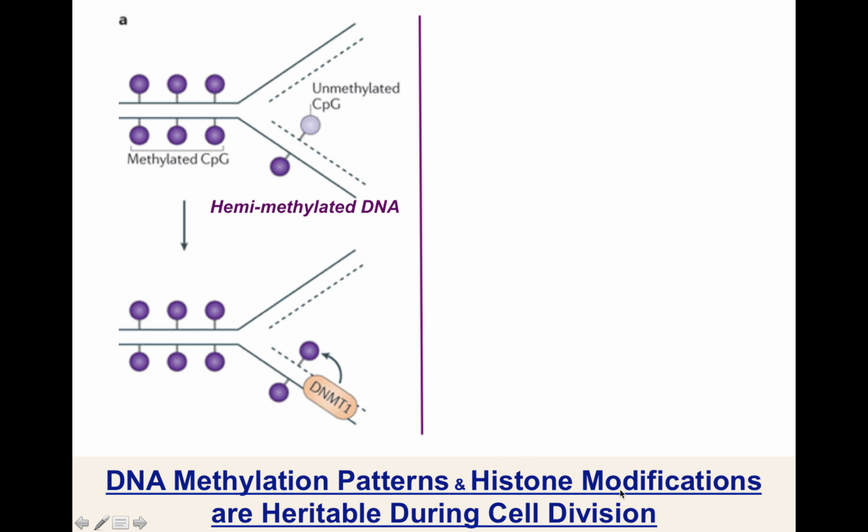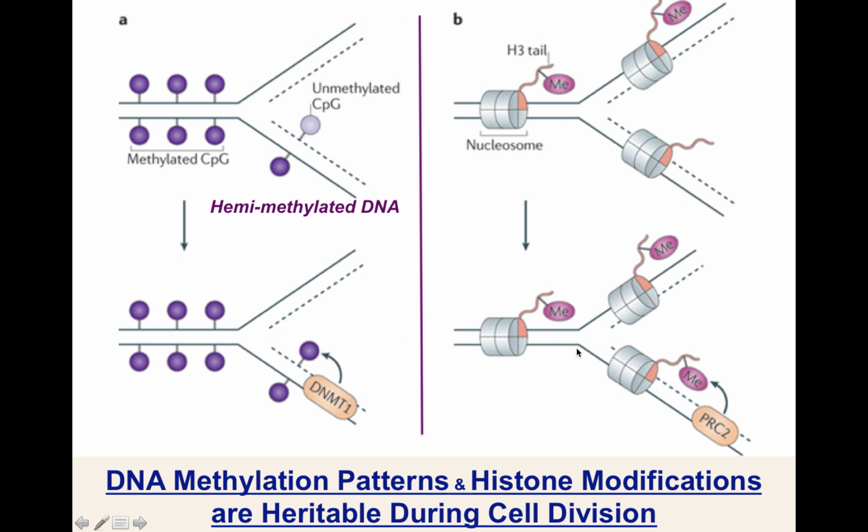Similarly, histone modifications are also passed along at DNA replication. So after the DNA is replicated and bound up by nucleosomes, during that process, enzymes can come in and methylate the tails of histones to match the methylation pattern on the opposite strands of DNA at the other side of the replication fork.